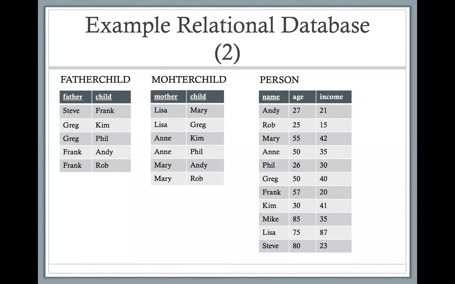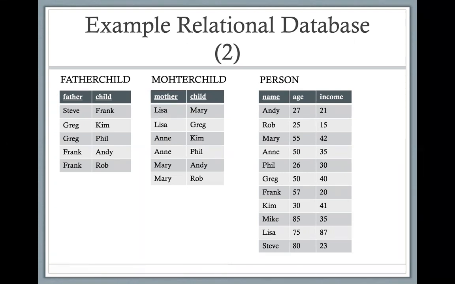The answer is no. Frank doesn't have mother information. So since it's a left outer join, I will see Steve, and for the mother, I'll see null. If I've selected the child, the father, and the mother, I'll see Frank, his father is Steve, his mom is null.